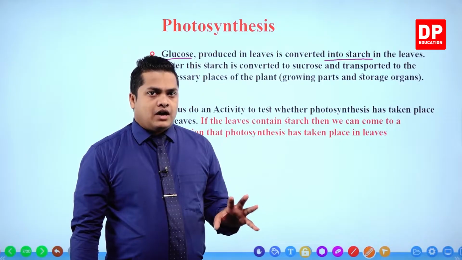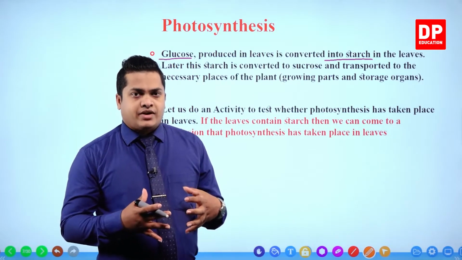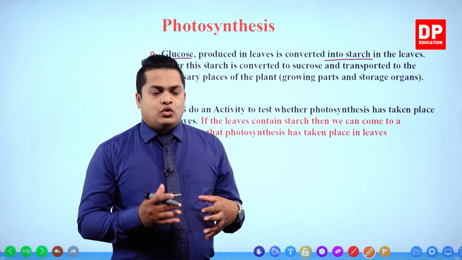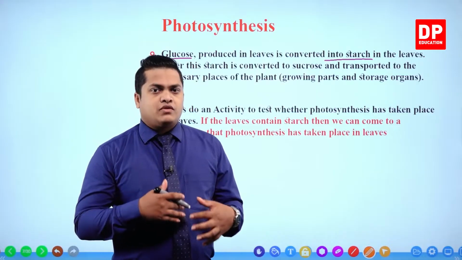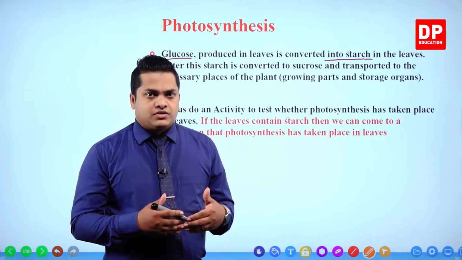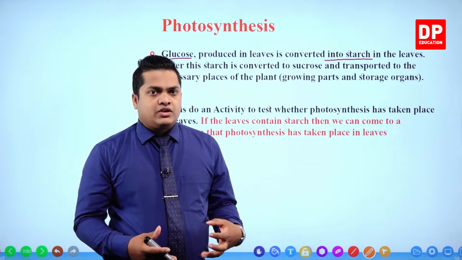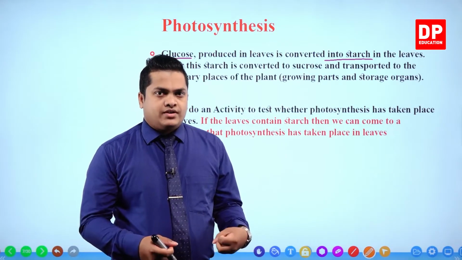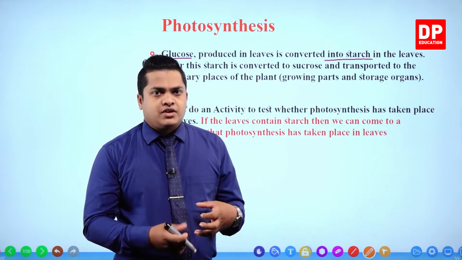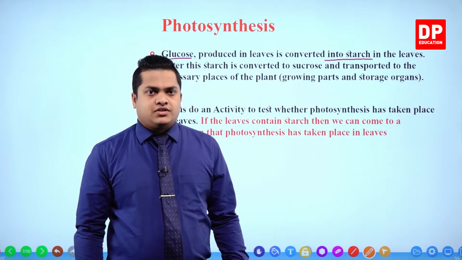So after the photosynthesis process, you know that glucose is produced within the cells of the leaves. With the production of glucose molecules, these glucose molecules get together, or combine together, to form a special kind of structure, a special kind of compound which is referred to as starch.